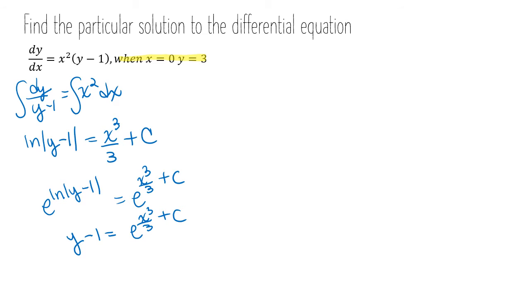Now, this is where it gets a little tricky, so I'm going to move over here so I have more room. We're going to add 1 to both sides of the equation. That's not the tricky part.